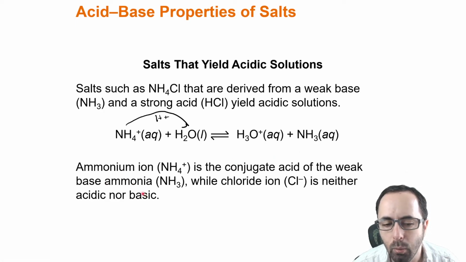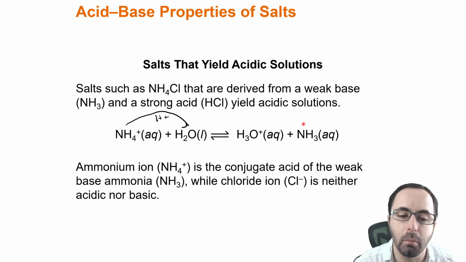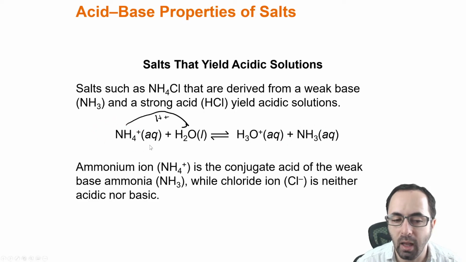Since the base is weak, its conjugate acid is at least not terribly weak, right? If the base is strong, then its conjugate acid will be terribly weak. But since this conjugate base ammonia is weak, the ammonium ion can behave as an acid because there's an equilibrium between the weak base ammonia and its conjugate acid ammonium ion.